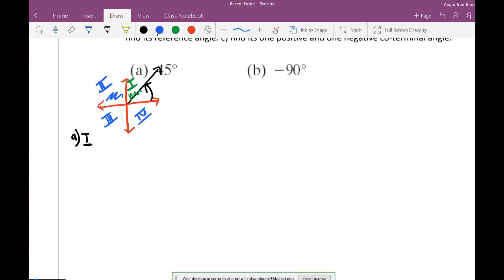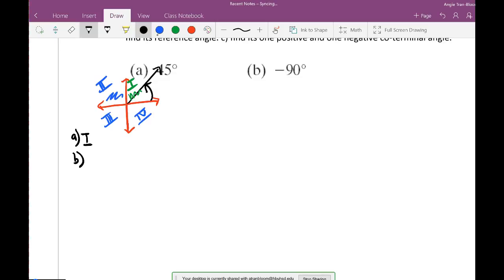Well, before you find it, Shane, what is a reference angle, according to your definition? A reference angle is an angle that is greater than, less than, or equal to 90 degrees. I think he meant less than or equal to. I meant less than or equal to, yeah.